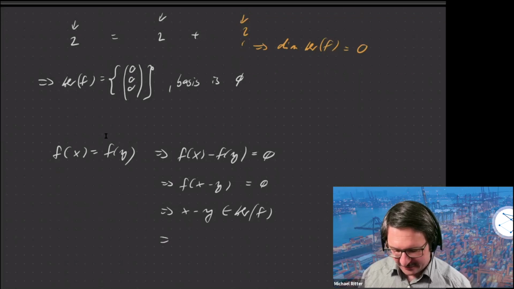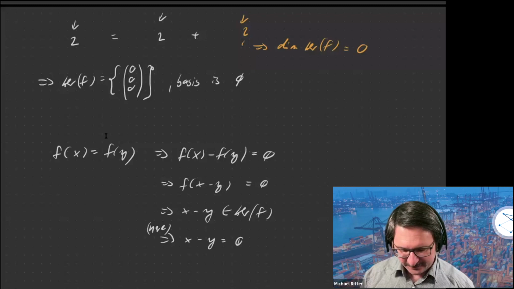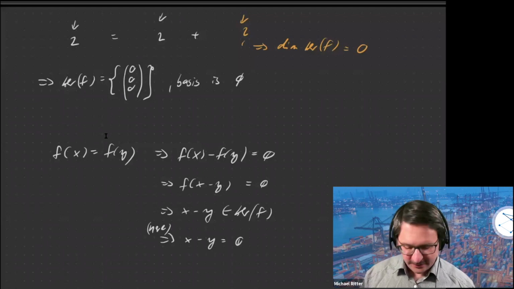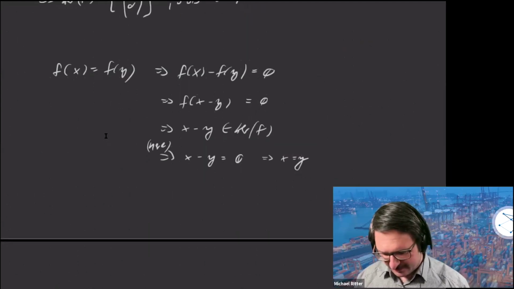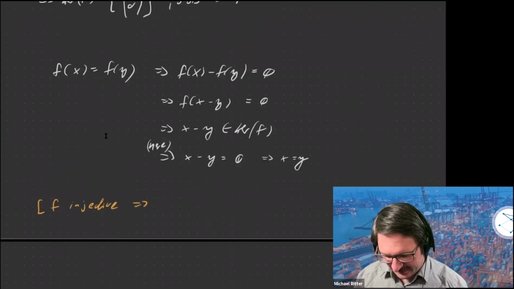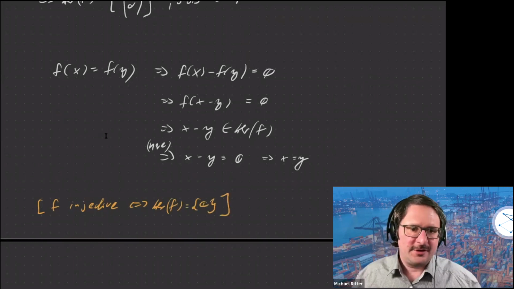So anything up to this point is general. In this specific case, that would mean x minus y is the 0 vector, because that's the only vector that is in the kernel. So x needs to be equal to y. Or in other words, more generally, the function f is injective if the kernel of f consists of just the 0 vector, and vice versa.